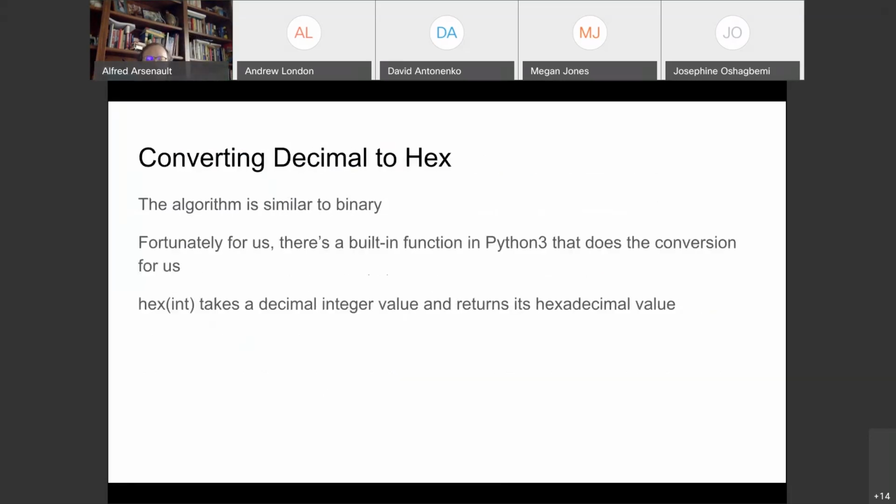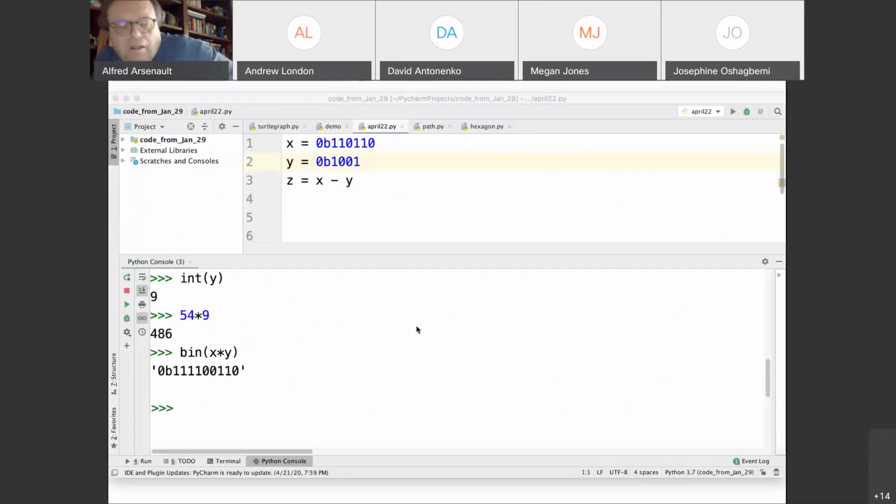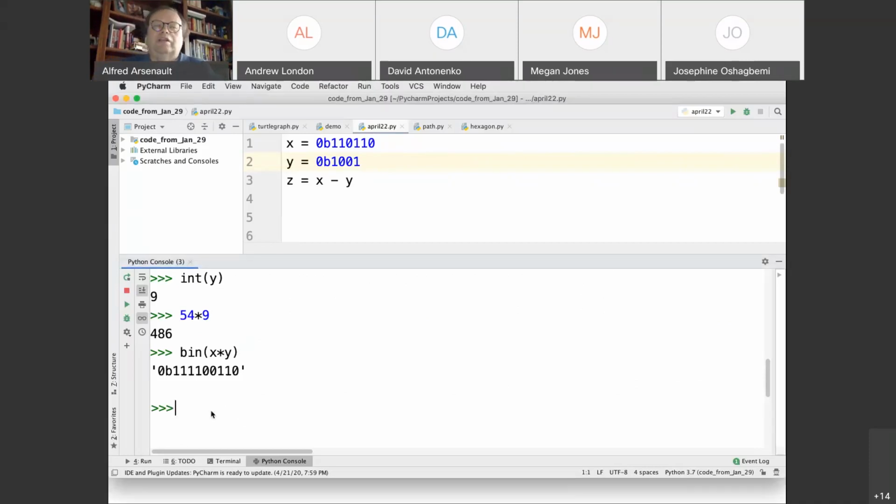Converting decimal to hex is fairly similar. There's a built-in function in Python that does the conversion for us. Just like binary numbers are represented by 0b, hex numbers are represented by 0x.